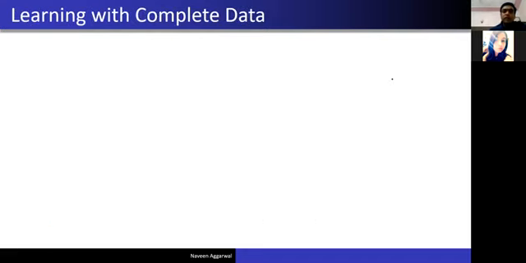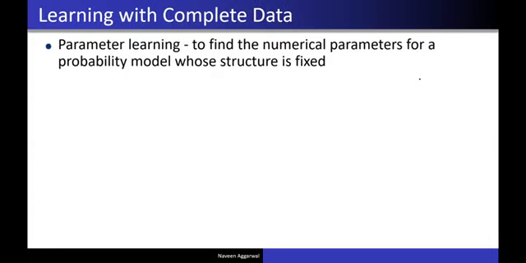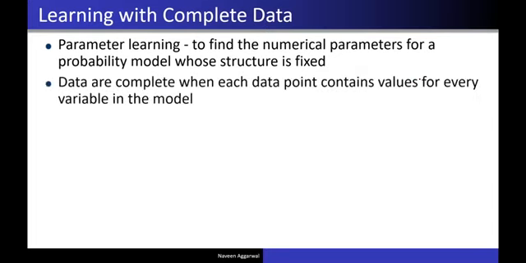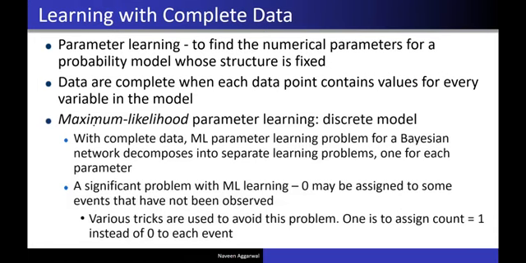We were learning with complete data. We were assuming that all the parameters for a probability model were given to us and the structure is fixed. So the data is complete, and we were learning the model out of this. That model we can also call a maximum likelihood model.